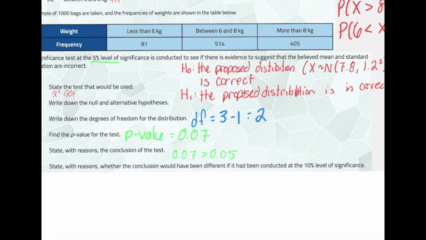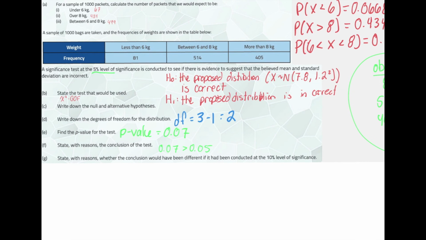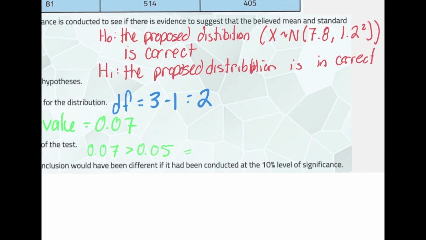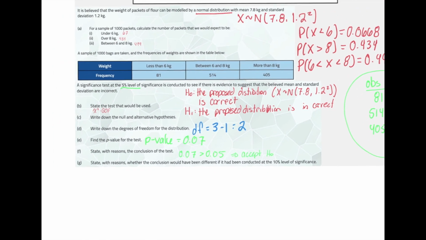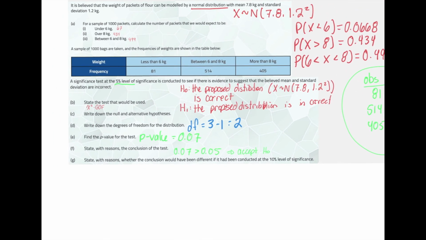So since it's bigger, we are going to be accepting the null hypothesis. So in this situation with a 5% level of significance, we would accept that it follows the distribution.